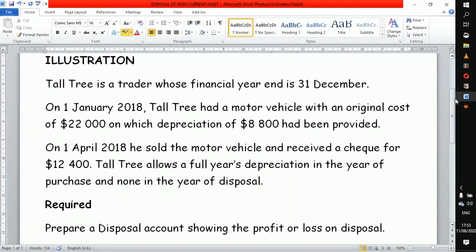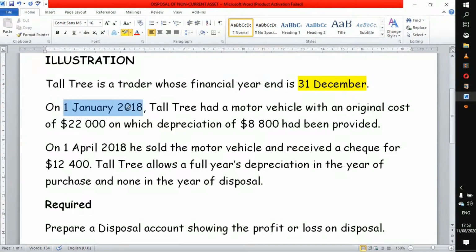So I have this illustration for Toll Tree here, which is going to help us understand how to do a disposal account. Toll Tree is a trader whose financial year end is 31 December. Dates are very important when you are dealing with accounting questions.